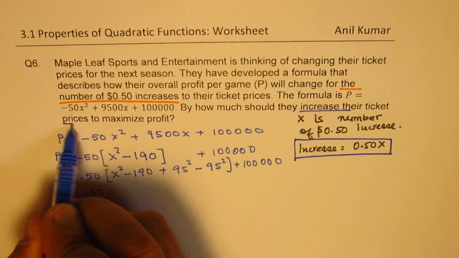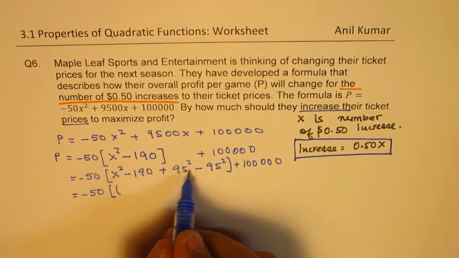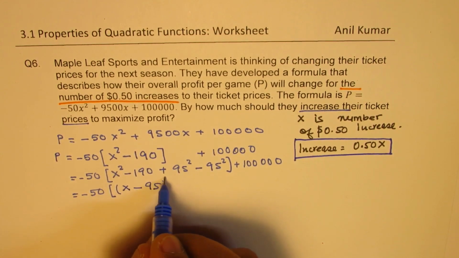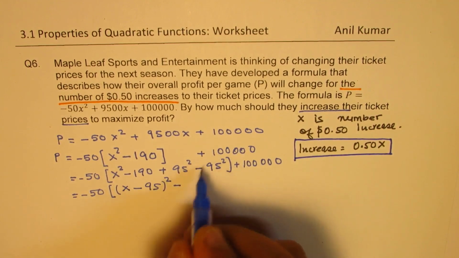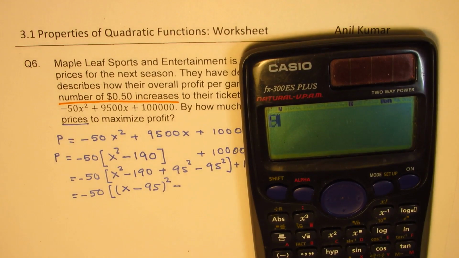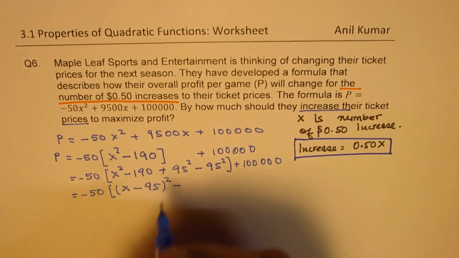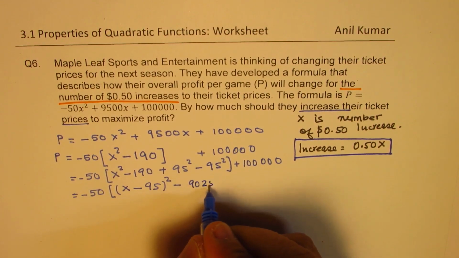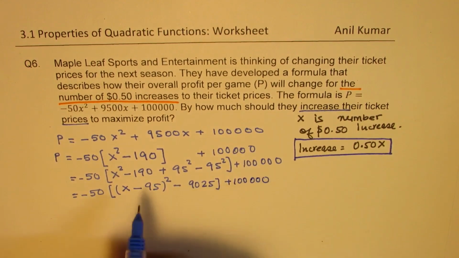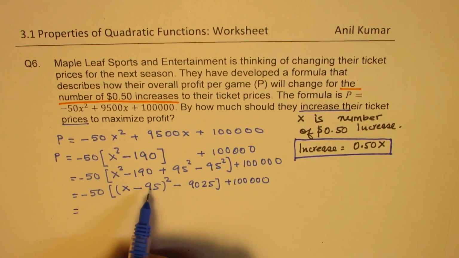So to complete the square, we get X minus 95 whole square minus all this, which we can use the calculator to get. 95 squared equals 9025, plus 100,000. You already have your answer here. That is the vertex form answer.